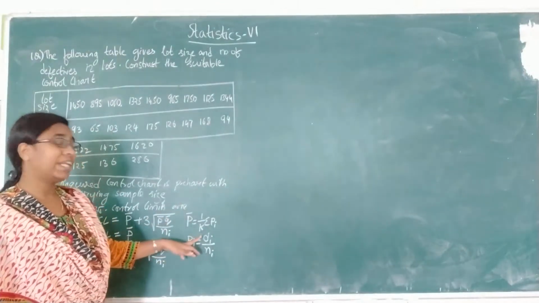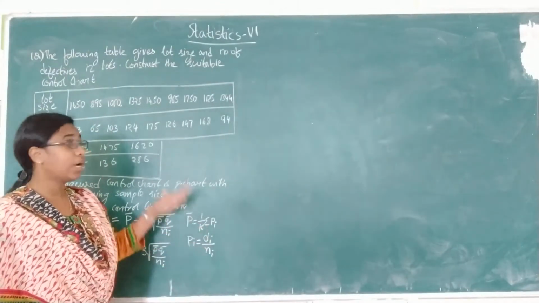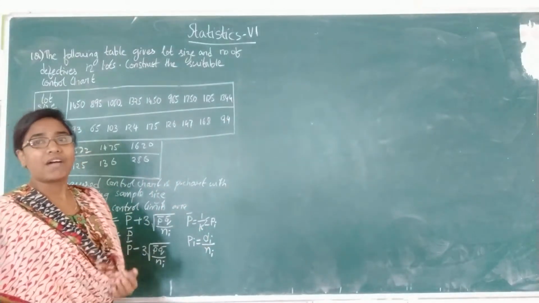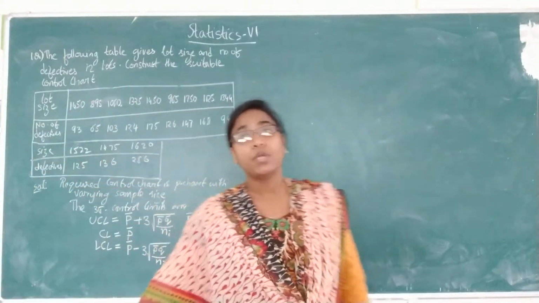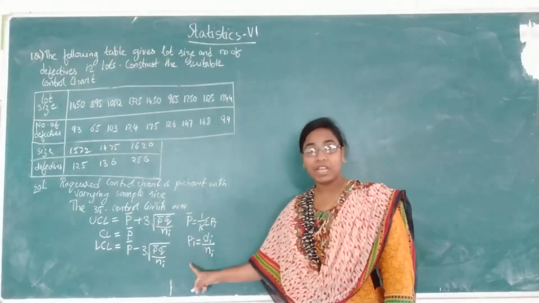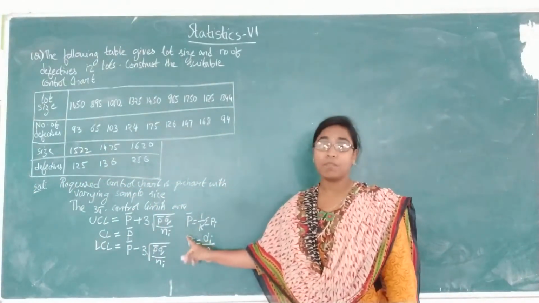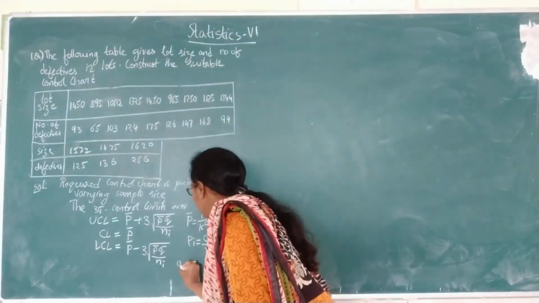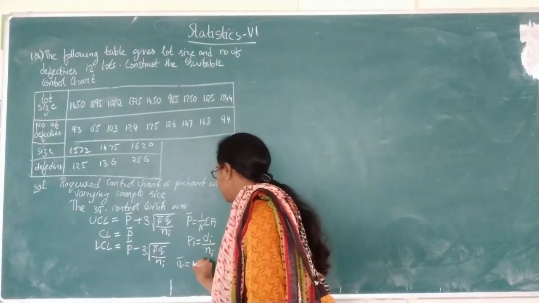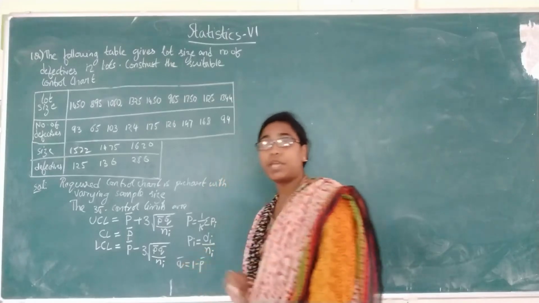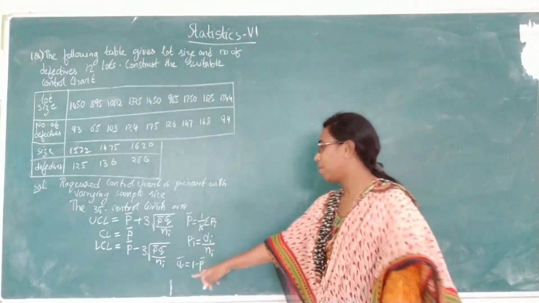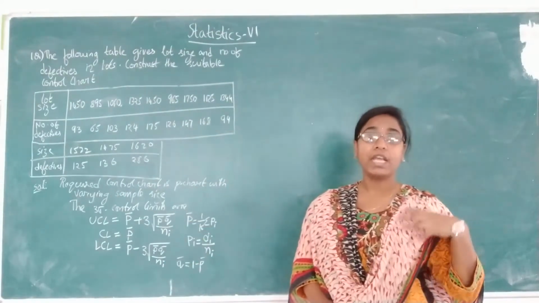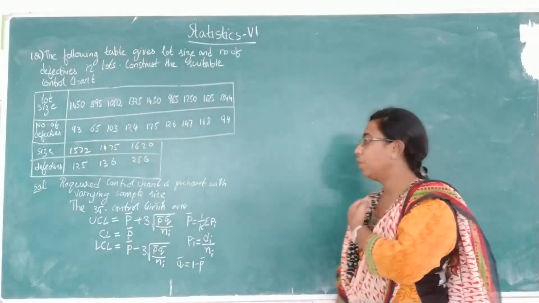If you divide the defectives by the corresponding sample sizes, you will get the Pi values. After getting those Pi values, you calculate the average of Pi, that is P bar. Next you calculate Q bar, where Q bar equals 1 minus P bar. So you get P bar and Q bar, and if you substitute them, you will get the 3 sigma control limits.